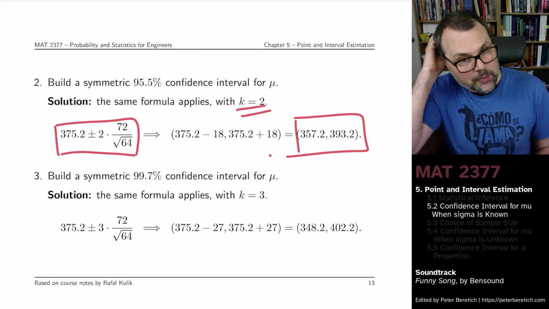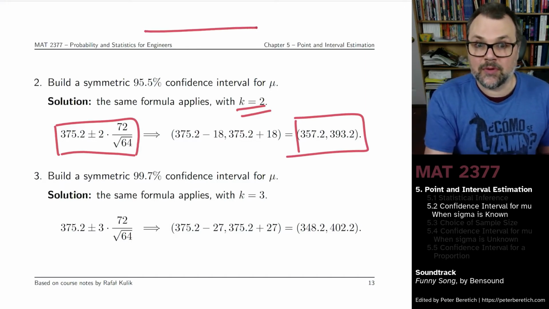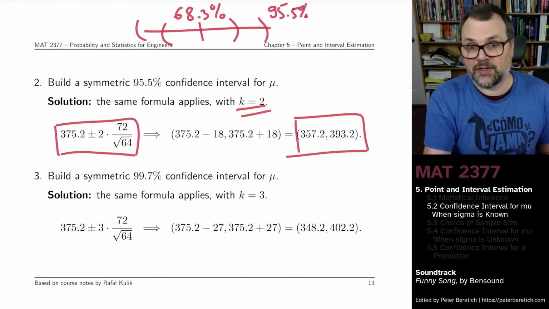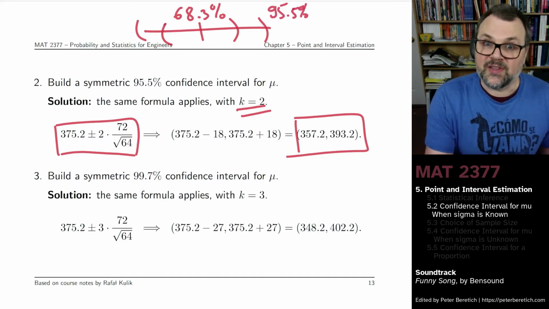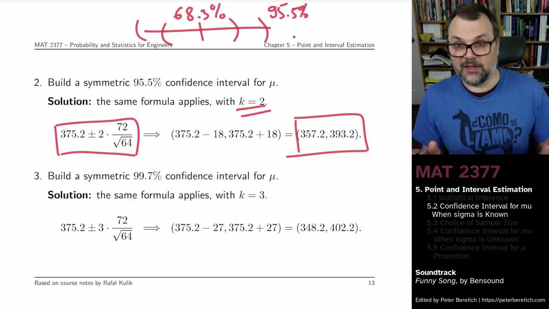Well, all of these are built on the same sample mean, and so they'll be centered in the same location. Here's the original 68.3% confidence interval. Here's your 95.5% confidence interval. All you've done to go from the 68.3 to the 95.5 is increase the number of standard deviations that you're willing to consider.